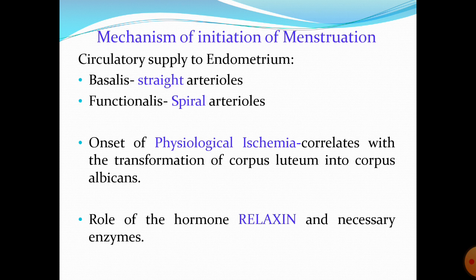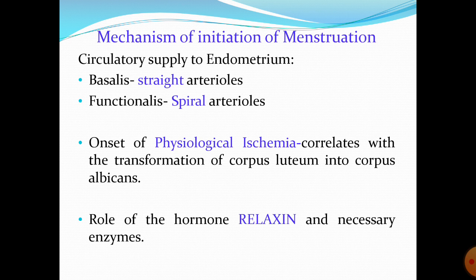On the other hand, functionalis is not a permanent layer and is sloughed off during menstruation. The height of functionalis varies as per the phase of the menstrual cycle. It is further differentiated into two layers, as I have already told you, compacta and spongiosa.